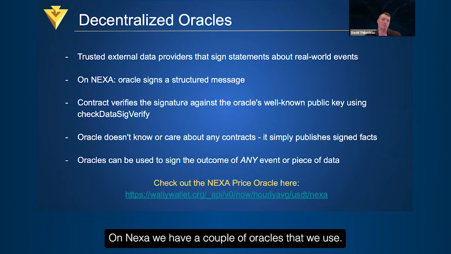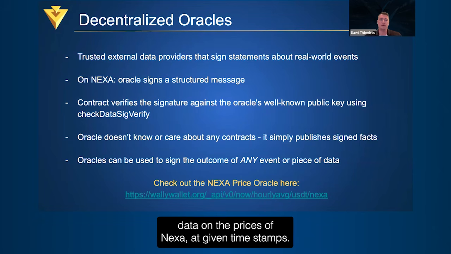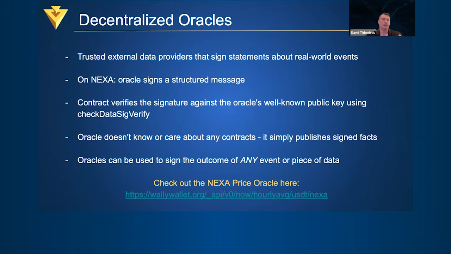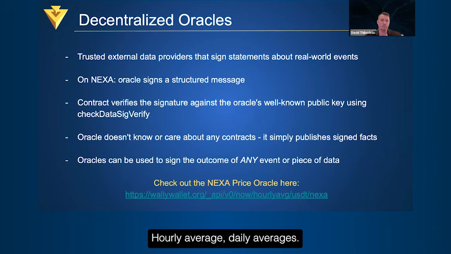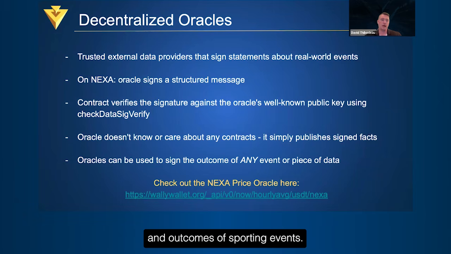On Nexa, we have a couple of oracles that we use. One of them, for instance, signs data on the prices of Nexa at given timestamps. Hourly average, daily averages. We also have another oracle that signs the scores and outcomes of sporting events.